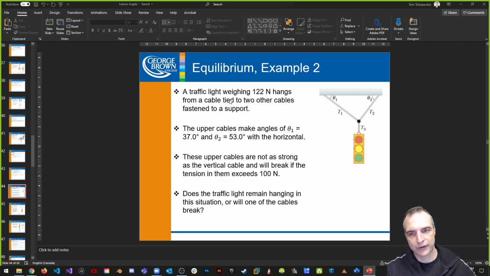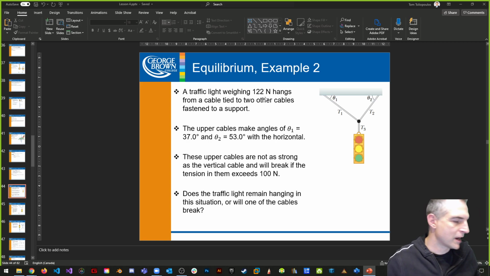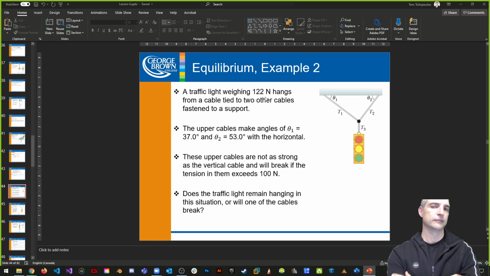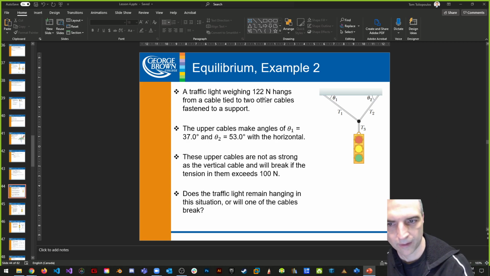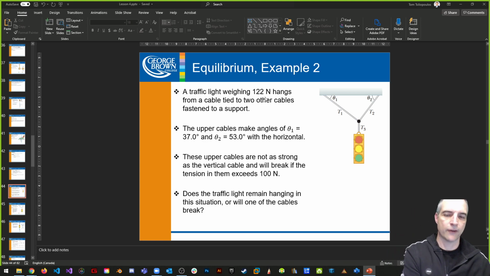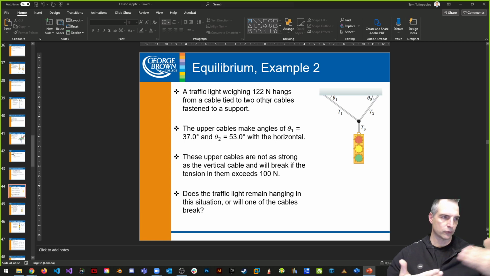So here it is, a traffic light weighing 122 newtons. When I say weighing, in your mind, you've got to think mass times gravity, right? So if I know that it weighs 122 newtons, what's the mass? I know that force is equal to ma.